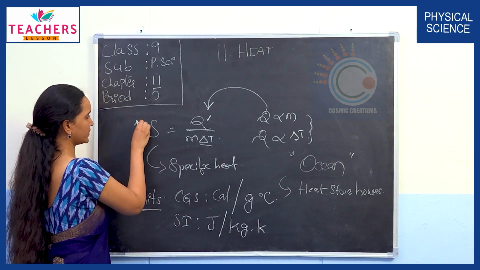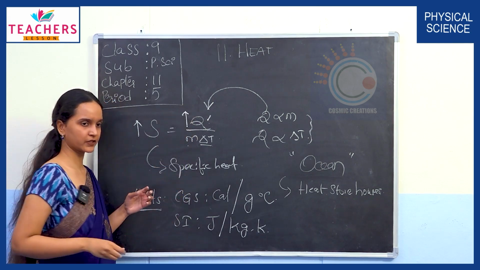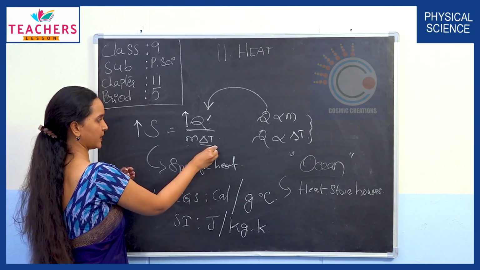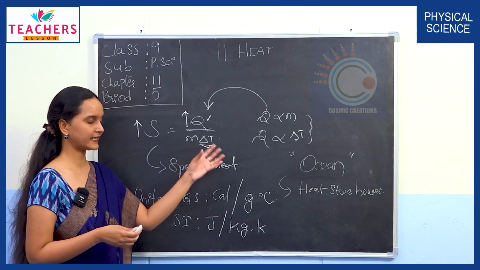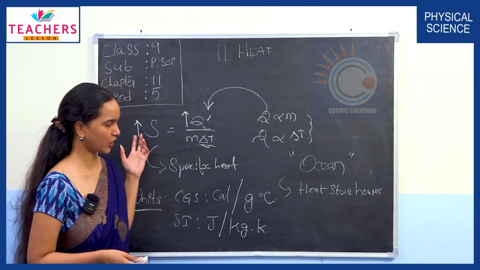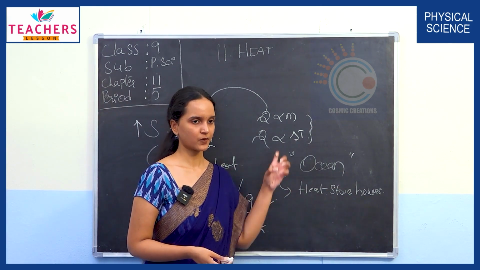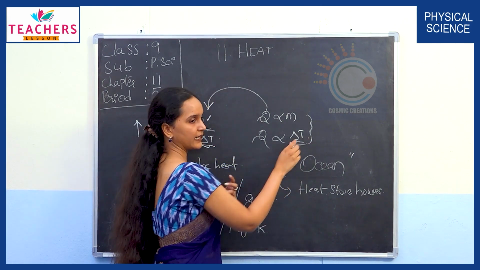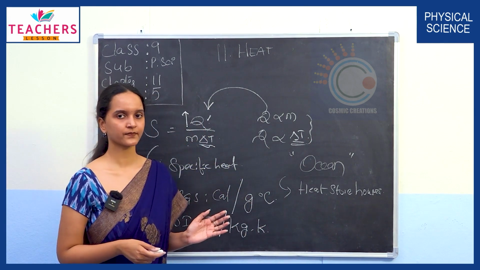That means water would be able to take a lot of heat energy without showing any substantial change in the temperature. So that's why we call oceans heat storehouses. They absorb the heat energy without much change in the temperature, and hence they moderate the temperature of the surroundings.